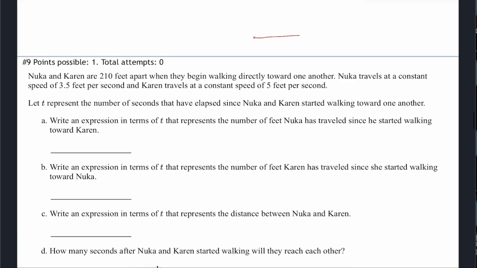If we draw a little picture, we'll put Nuki and Karen, 210 feet. The distance that Nuki walks, because he or she is going at a 3.5 feet per second rate, distance equals rate times time. So after t seconds, he would have walked 3.5t, and Karen would have walked 5t.